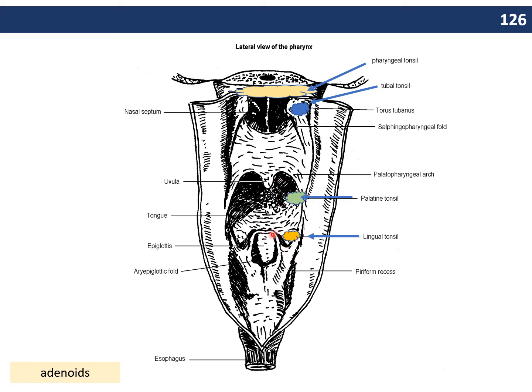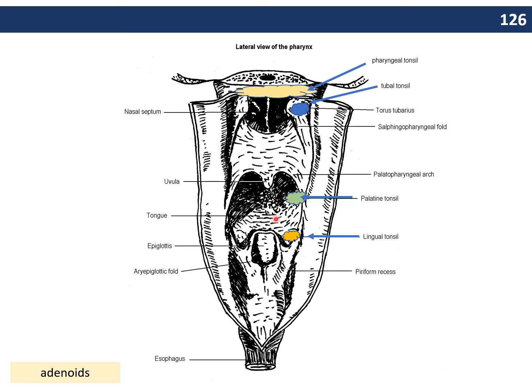The lingual tonsil sits in the posterior part of the tongue, the posterior 1/3 of the tongue. And it sits just superior to the epiglottis and the opening to the larynx in the oral cavity. And then inferior to that, you'll see these piriform recesses.